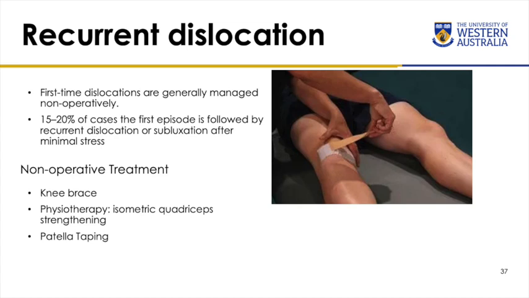Patients can wear a knee brace initially, but we try to avoid it long term, as the knee brace will often lead to quadriceps wasting. Patella taping, as pictured here, may have some success, but has mixed results in the literature.